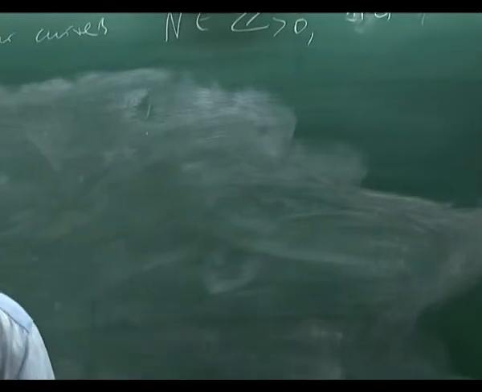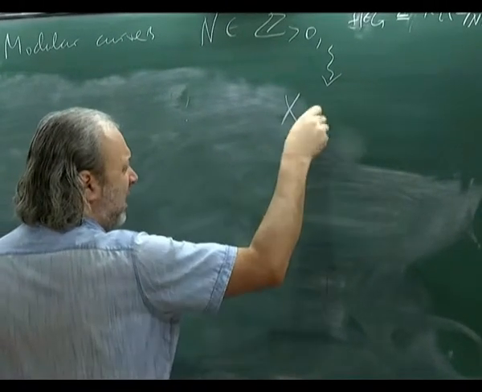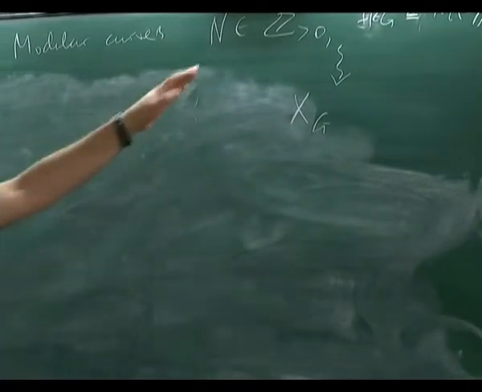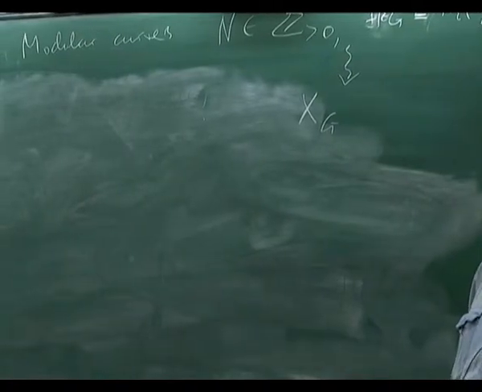Every such data gives rise to a modular curve X_G, as I spoke last time. This is not really important for the moment; it would become important when we speak on Runge's method.